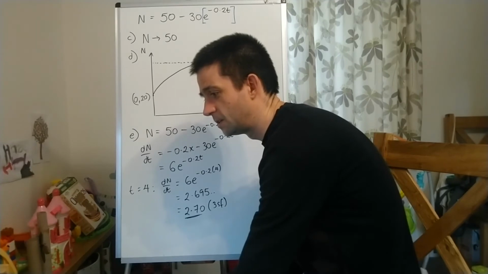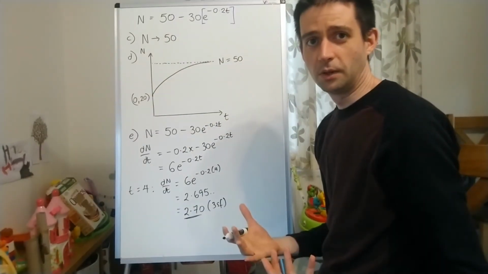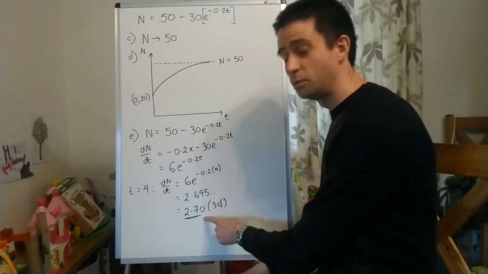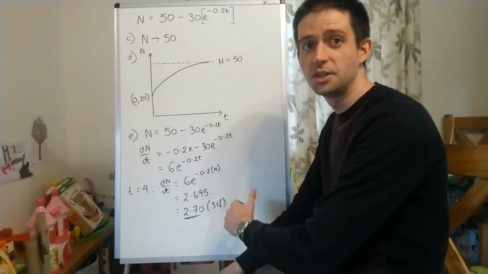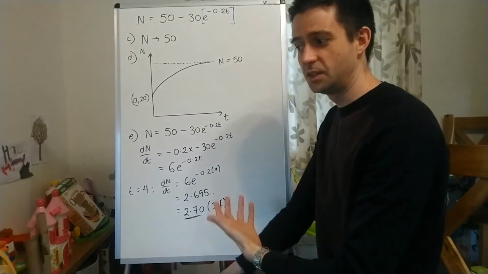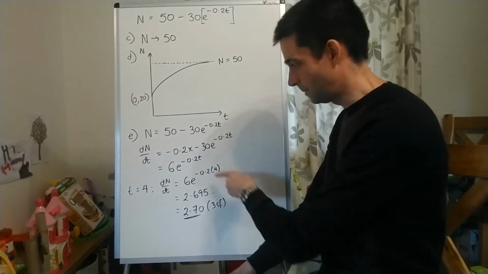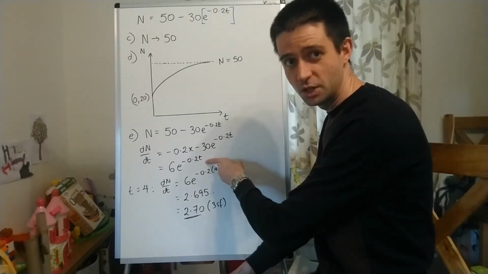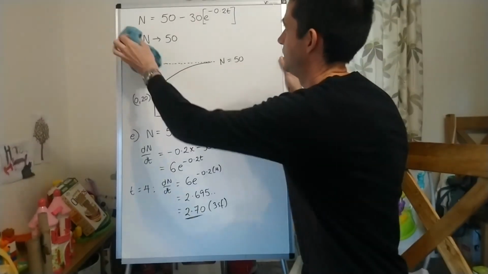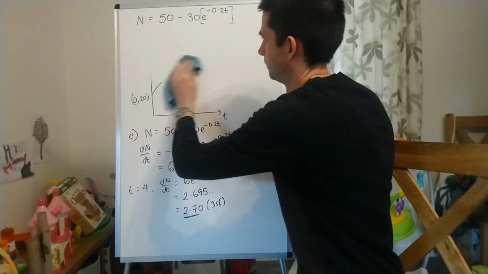And the significance of that, the rate at which the daddy longlegs population is growing, is 2.70 daddy longlegs per day, because t in this question represents the number of days. Right, I'm going to need that bit of information to do part F, which is the last bit, so I'll just clear that.